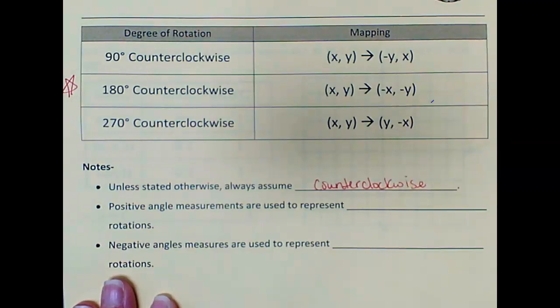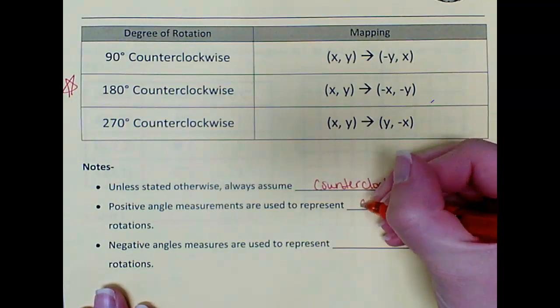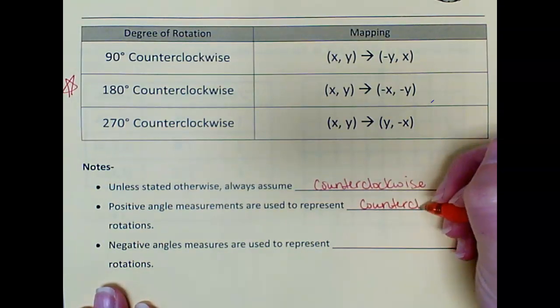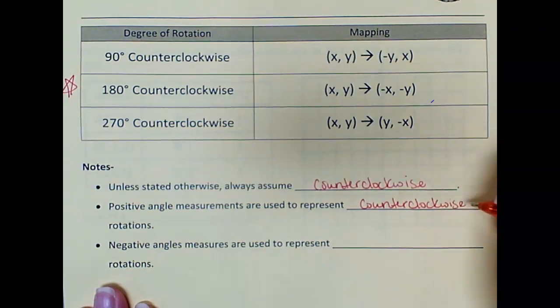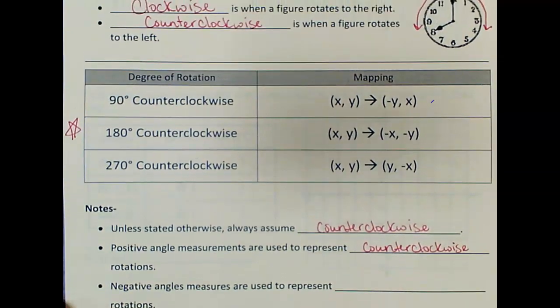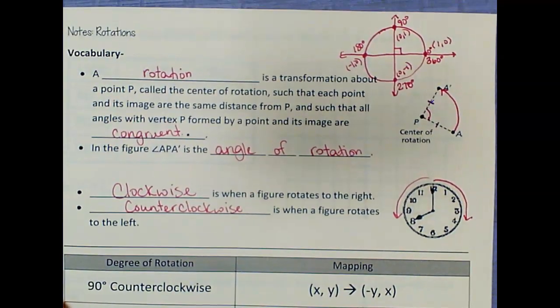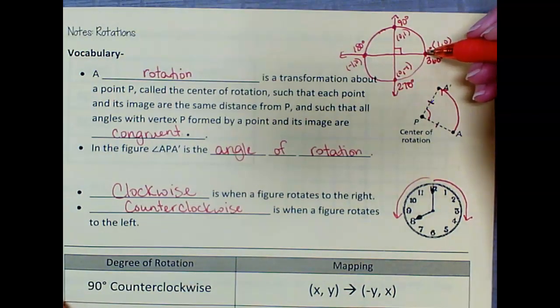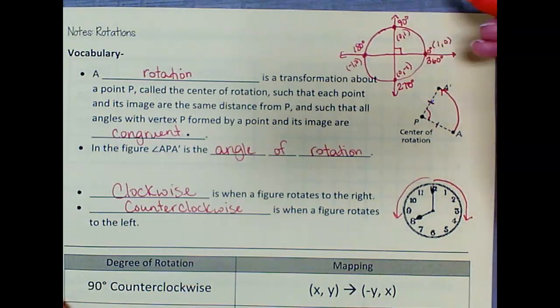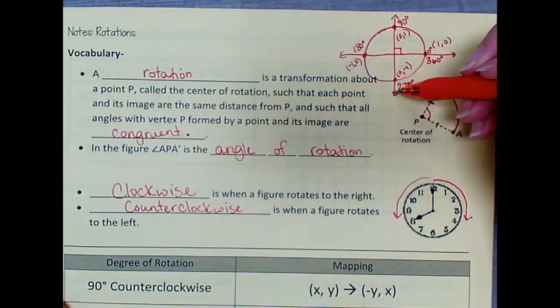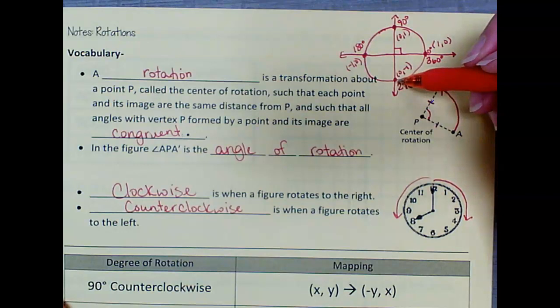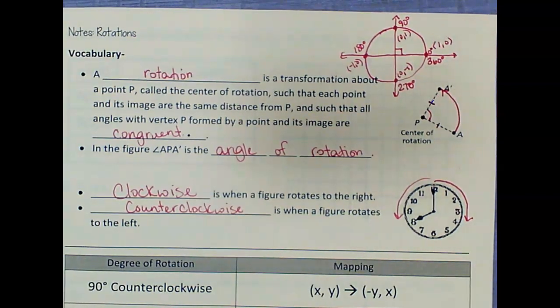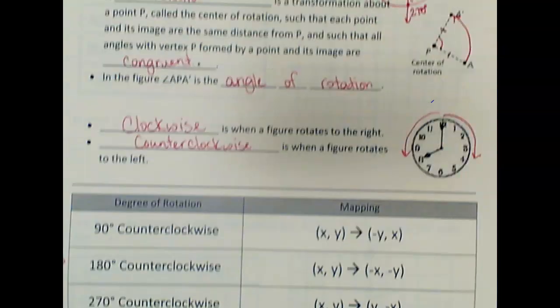Positive angle measurements are used to represent counterclockwise rotations, which may seem kind of backwards if you're looking at a clock, but if you're looking at the unit circle, to go counterclockwise, to go from 0 degrees to 90 degrees, that would be a 90-degree rotation, and that's positive. So it kind of makes sense that moving in this direction would be positive, and moving in this direction would be negative. So negative angle measures are used to represent clockwise rotations.